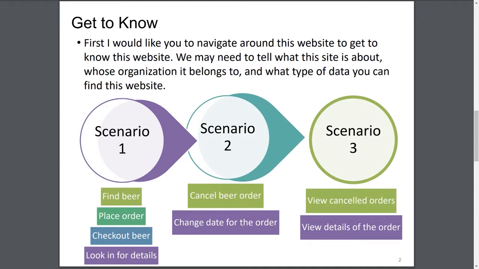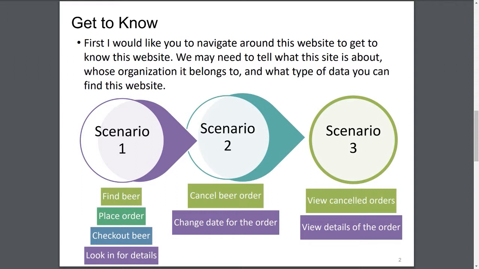After that, I provided them three main scenarios. The first scenario has four tasks. They need to find beer, place a beer order, check out the beer, and last but not least, find the order detail.